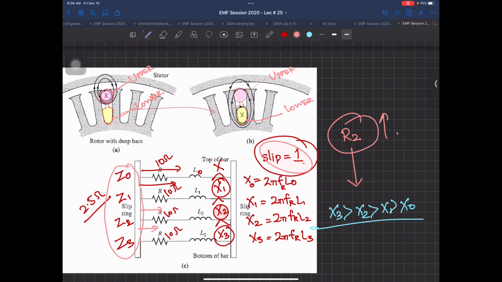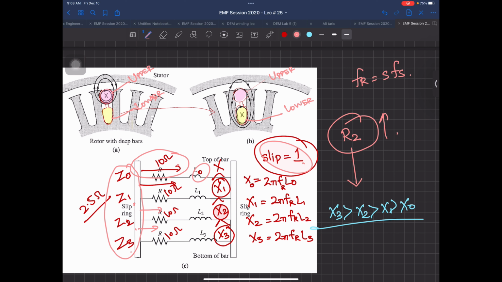When you put FR, because FR is equal to S times Fs, Z3, Z2 or even Z1 are going to be on the higher side. So more current is going to flow through this resistance and this inductance over there. So the rotor is experiencing a larger resistance inside it at starting.